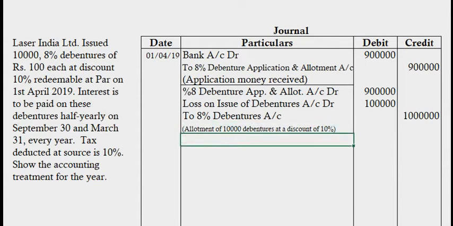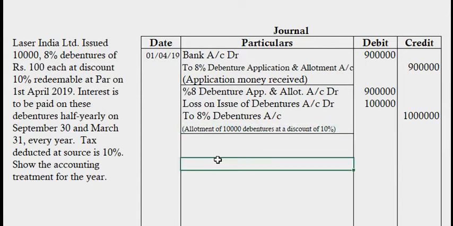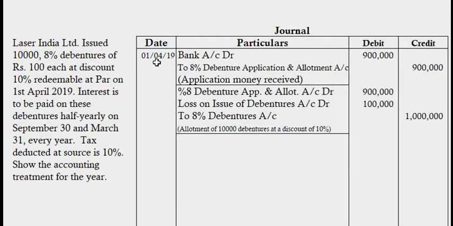Now we have completed the journal entry on debenture issue. Here the debenture issue is over. Now we have issued 10,000 debentures of rupees 100 each, that is debentures worth rupees 10 lakh. Then let's continue with the question.